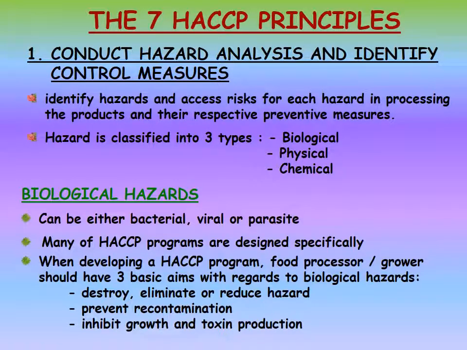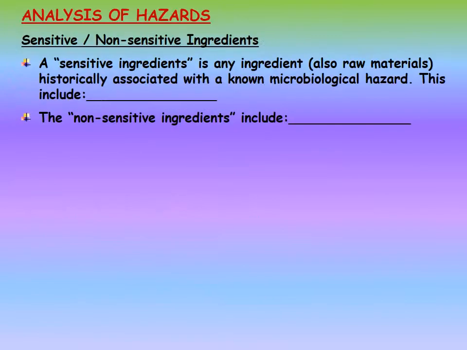We can identify hazards and assess the risk for each hazard in processing the product and their respective preventive measures. Again, hazard is classified into 3 types: biological hazard, physical and chemical hazard. You can read from this.